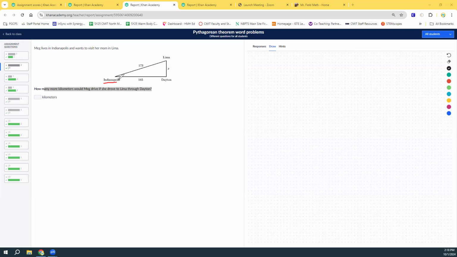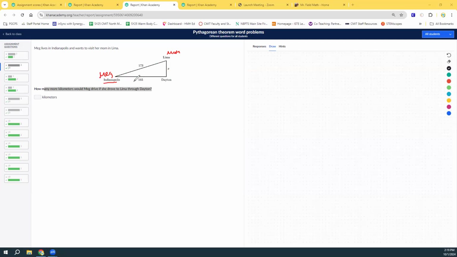She wants to see mom. So she should just go there. Go to see your mom, Meg. Why are you making us do this math? How many more kilometers? So maybe she needs to go through Dayton and go to the grocery store. So how much longer would that be than just going straight there?